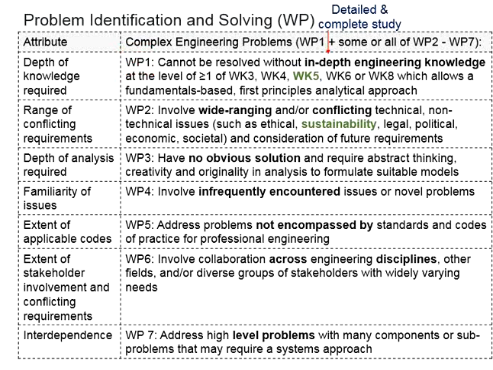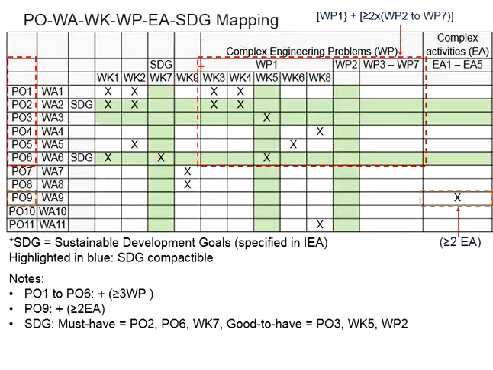In order to have WP1 in the complex engineering problem, you will need at least one of these WKs. With that, WK 3, 4, 5, 6, and 8 are classified under WP1. The rest, we put outside.